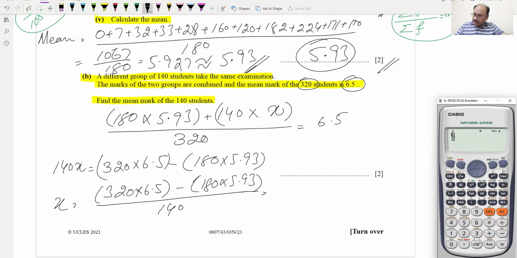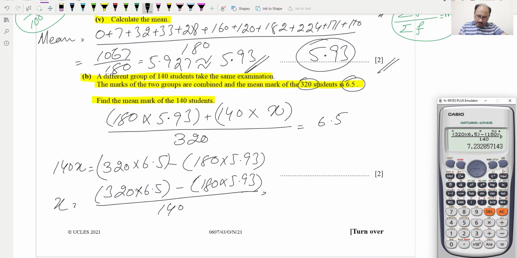This will be in brackets: 320 multiplied by 6.5 minus 180 into 5.93, bracket close, and divided by 140.